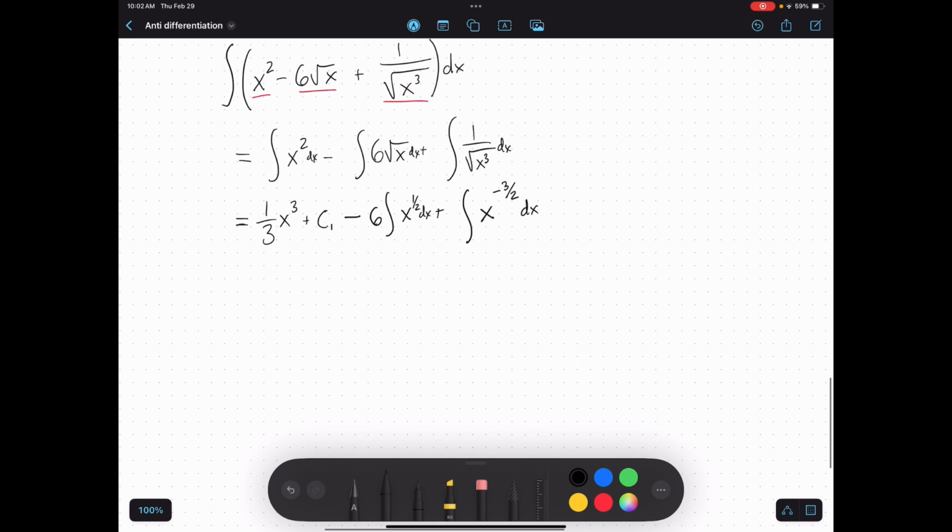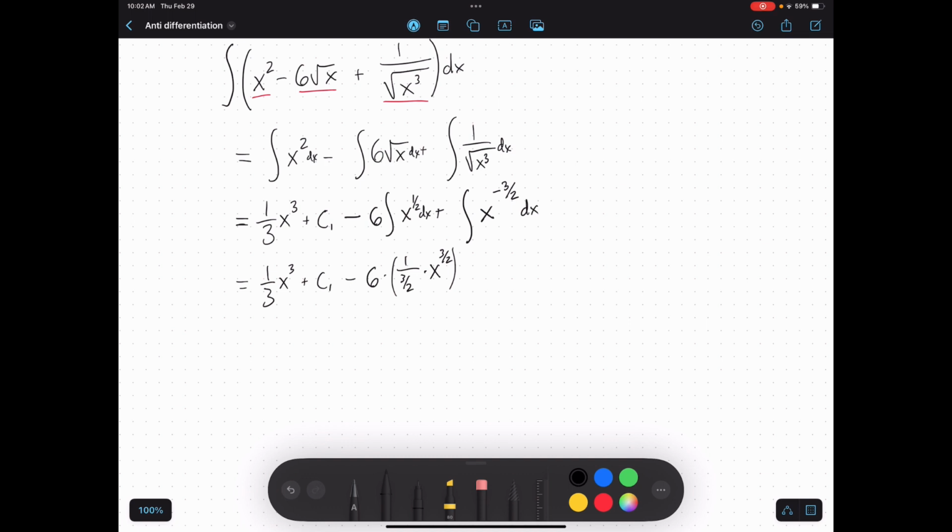Okay, so I still have this 1/3 x cubed plus c1 minus the antiderivative of x to the 1/2 is going to give me 1/(3/2) times x to the 3/2. I add 1 to the exponent and divide by that new exponent value.